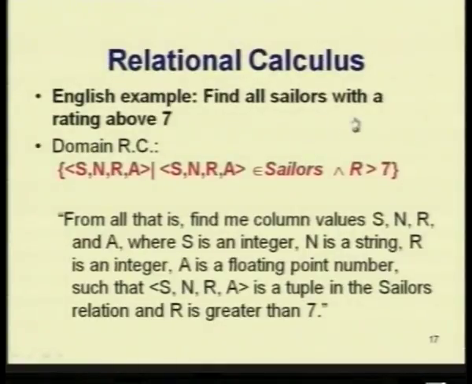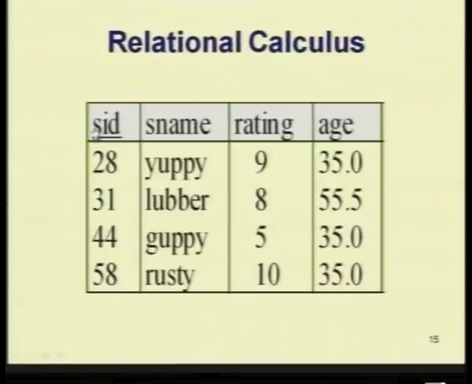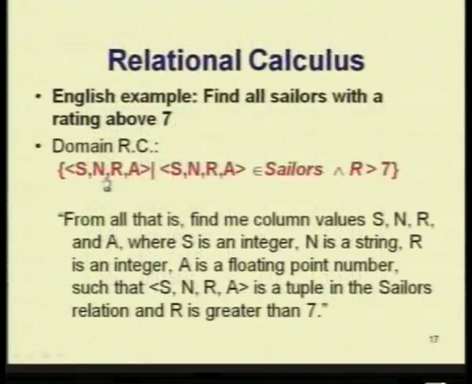Now, I am going to talk about domain relational calculus in detail later on, but before we go further, let us take the same example: find all sailors with a rating above 7. Here I am specifying the domain of these variables. In the sailor example, S, N, R, A: S is sailor ID, N is his name, R is the rating, A is the age.